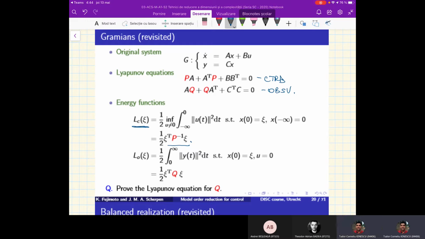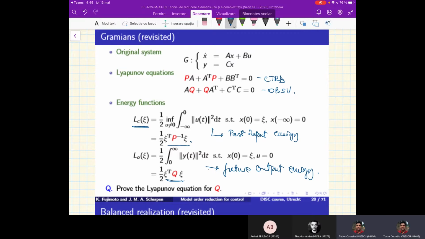On the other hand, the output energy is the future output energy, while this one is the past input energy. So we have these two quantities, and this is given by this.